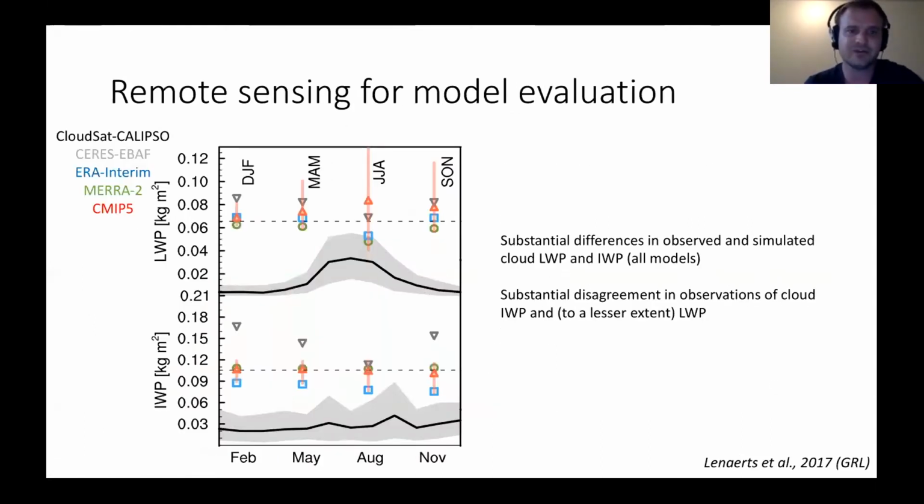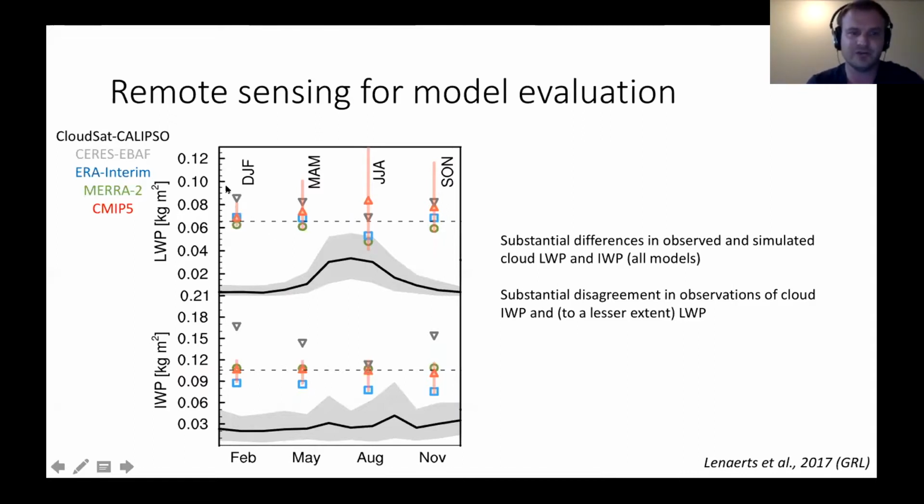We can use these remote sensing data also to evaluate models, and that's a very, very powerful tool. This shows the amount of liquid water path and ice water path in the CloudSat Calypso observations here. This is the seasonal cycle over Greenland.